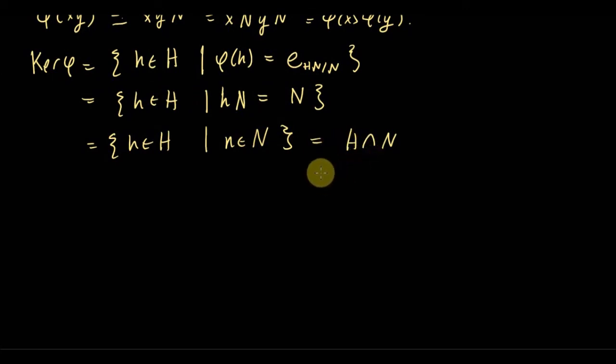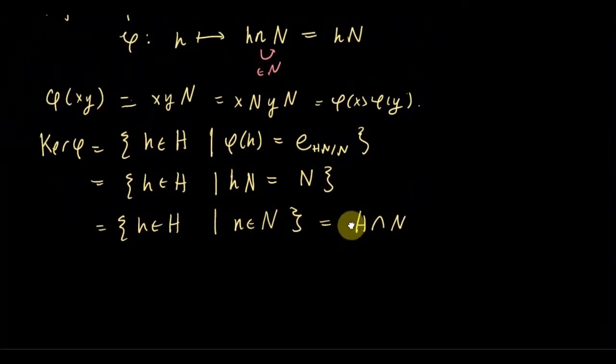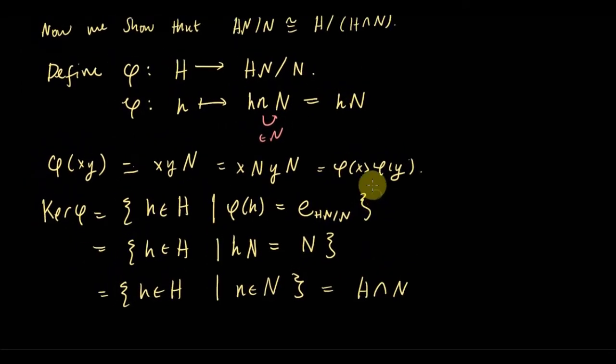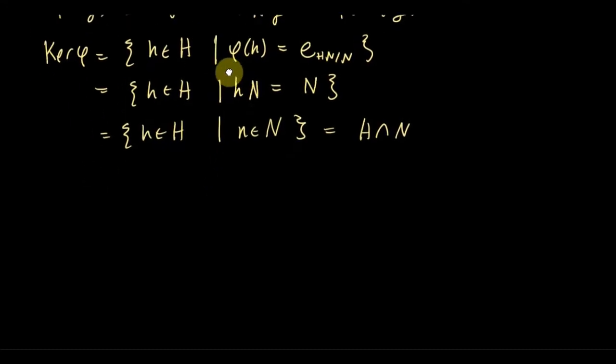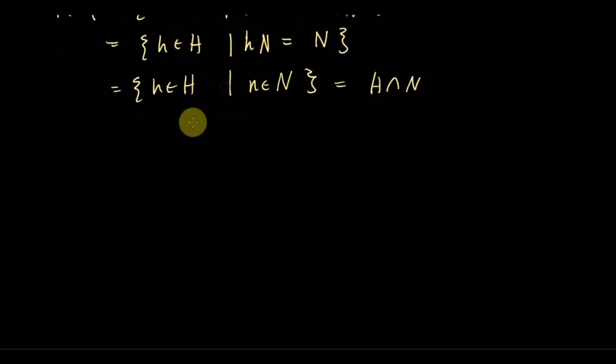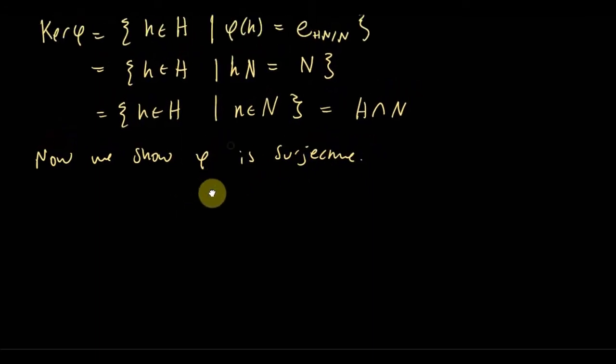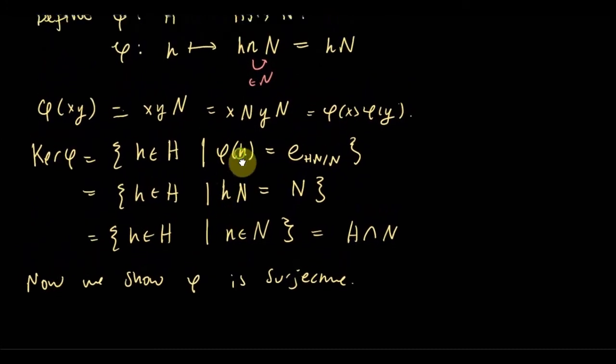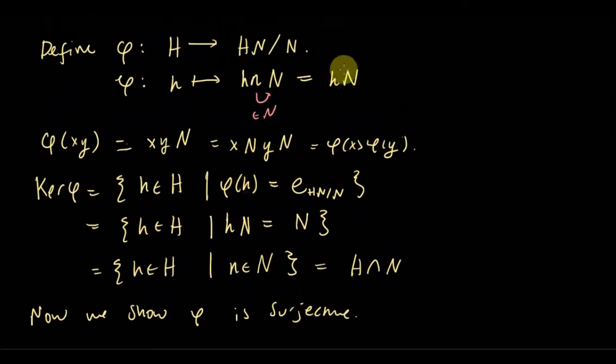Finally, we need to show that phi is surjective, because then we will know that the image of phi is this quotient group. Now we show phi is surjective. And how do we do this? Well, this is pretty trivial, to be honest. We just take an element in our target space.